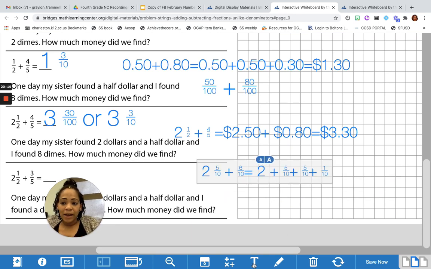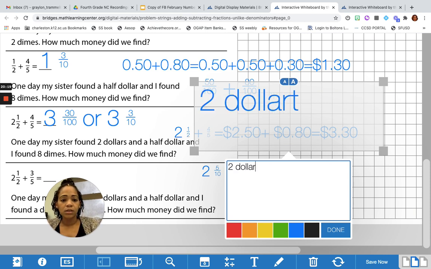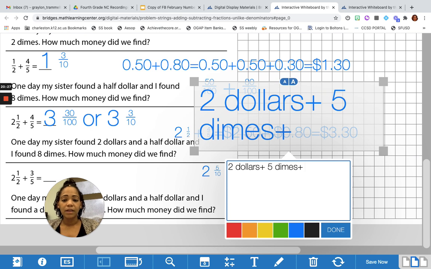Or I could think about it like this. I have $2 plus 1/2 is 50 cents, or I'm going to say 5 dimes. And then I have 3/5, and we know that 1 dime is a 10th, but 2 dimes is a 5th. So here's a 5th, here's a 5th, here's a 5th.